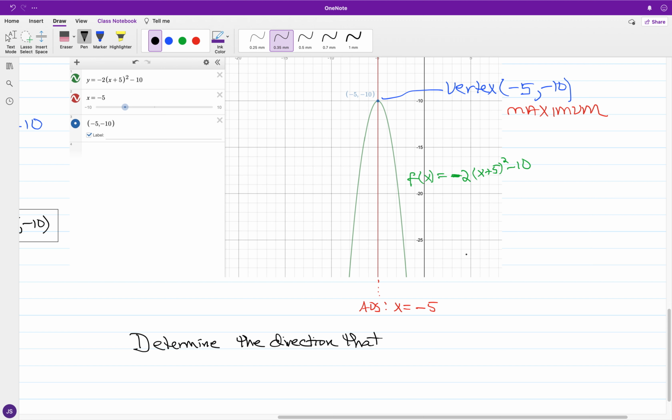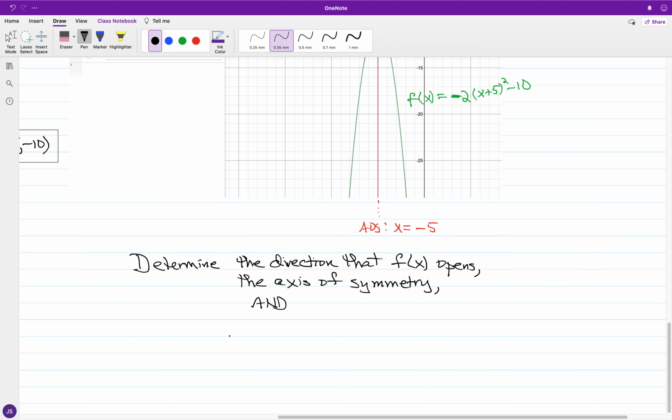So if we determine again, same three components, the direction that f of x opens, the axis of symmetry, and the vertex, for the following two functions.